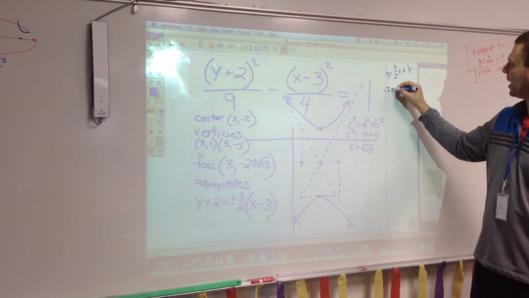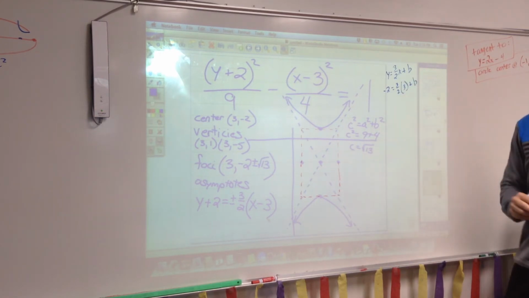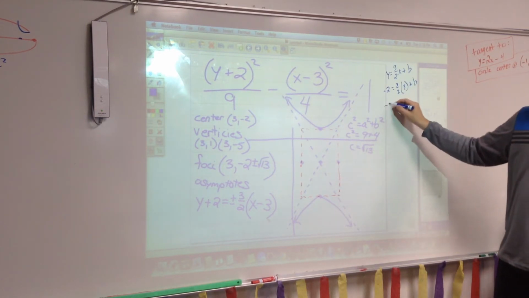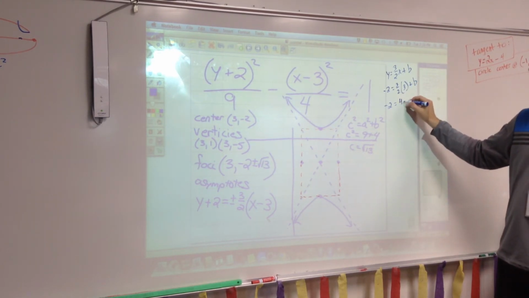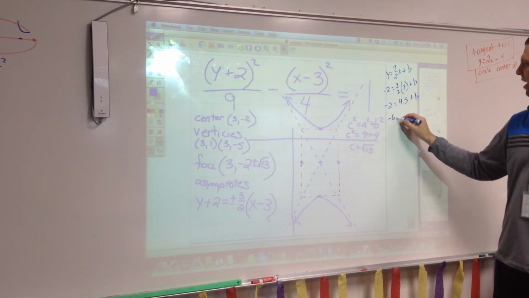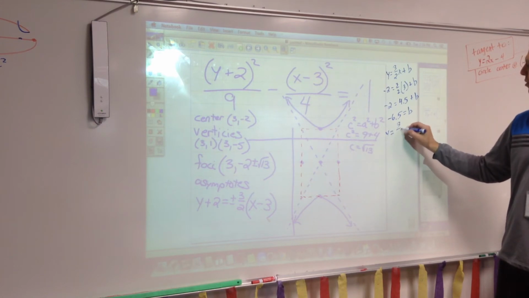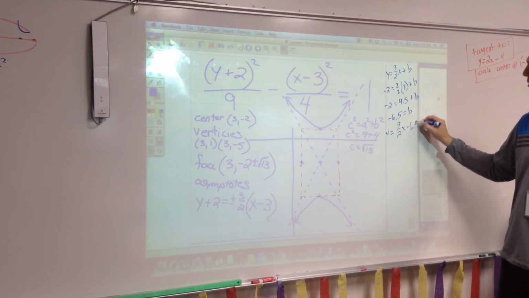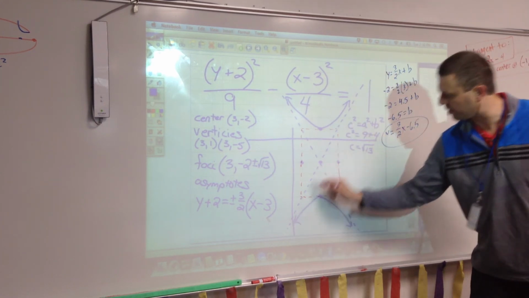So you'd plug in a negative 2 for y, you'd plug in a 3 for x, and you would solve for b. So negative 2 equals 3/2 times 3 would be 9/2, which is 4.5, because you guys would use calculators. You'd subtract 4.5 and you get negative 6.5 equal b. So y equals 3/2 x minus 6.5, and that is the equation of this asymptote right here.